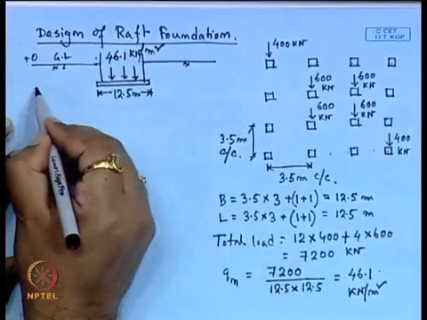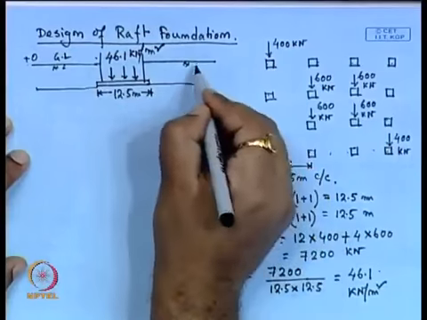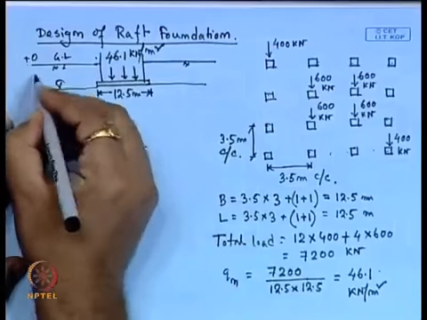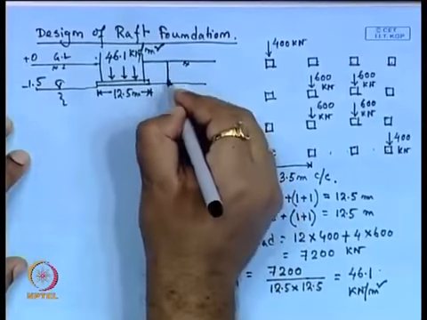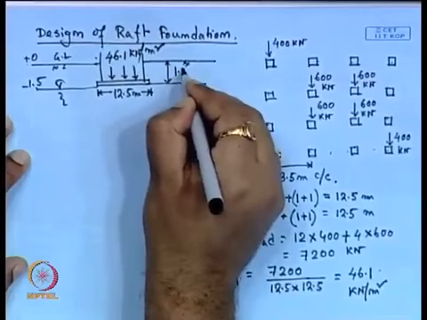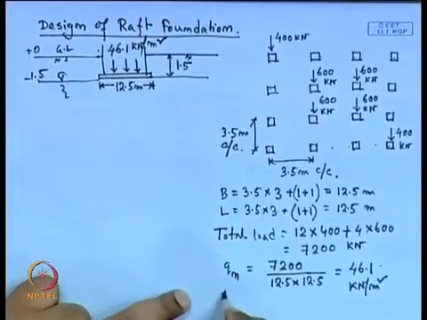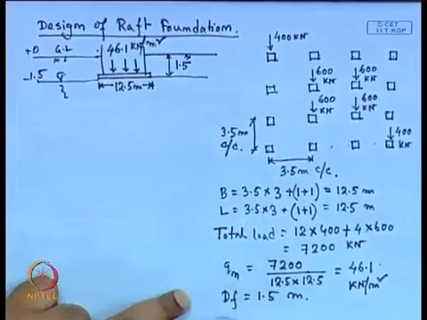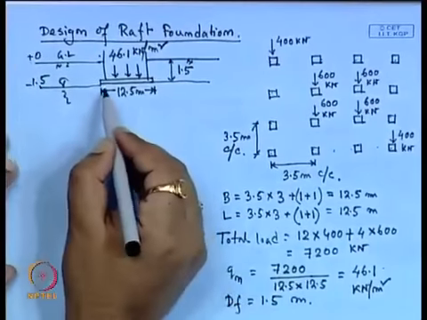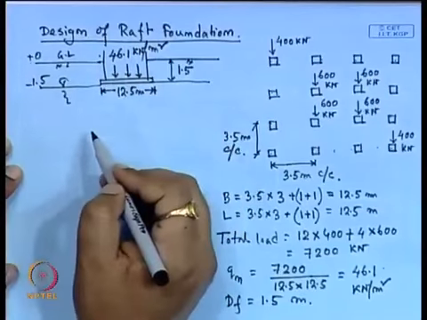Here the water table location is at 1.5 meter, that is minus 1.5. We take the depth of foundation, Df, also as 1.5 meter. So, the depth of foundation is at the water table level, 1.5 meter below the ground level.